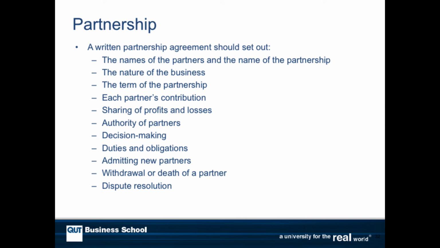Here are some of the factors that you might want to think about putting in any partnership agreement. The names of the partners, what the business is about, how long the partnership will go, what each partner is going to put in, how you're going to share profits and losses, what the authorities of the partners are, how big contracts they can sign, how you make decisions, what the duties and obligations are that you have to each other, whether you are going to allow new partners to enter, how you get rid of a partner, what happens if a partner dies, and how you are going to resolve disputes.